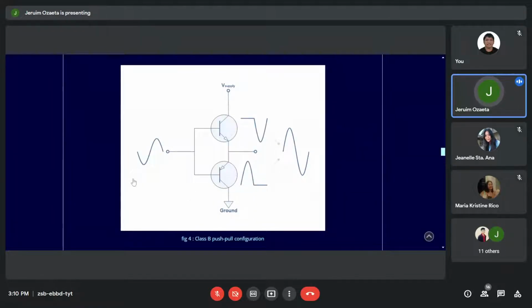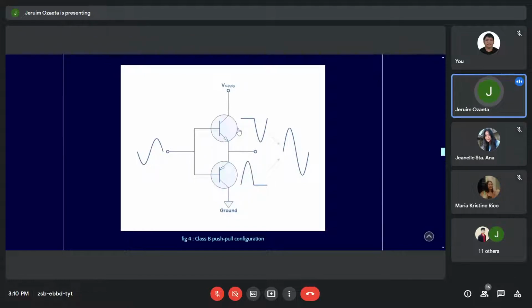Now here is the push-pull, except that the output is inverted. This one is negative, the output is positive. When it goes positive, the output is negative. So this appears to be only complementary. Well, there is no point to confuse why this is going to be inverse or 180 degrees out of phase.